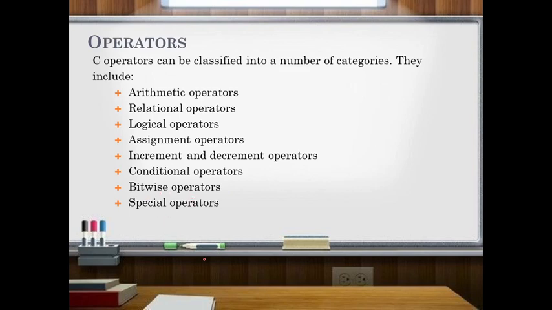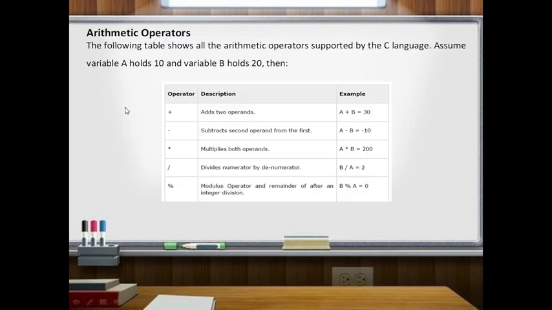And then special operators, like the conditional operator. So these are some of the operators available for C programming. We are discussing only with respect to the C language. Let us discuss the arithmetic operators in detail.